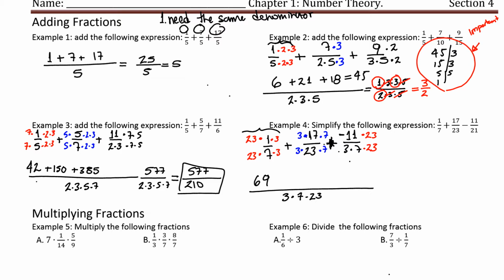Then we have 3 times 17 times 7, which will give you plus 357. Now, a common mistake that people make is to forget this negative right here. So we have negative 11 times 23, which is 253.